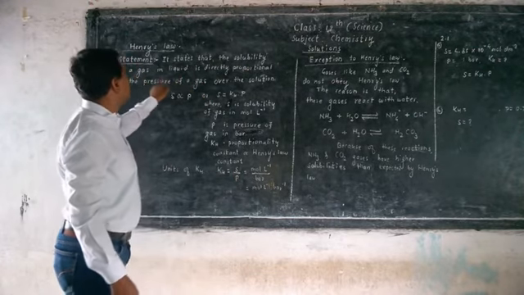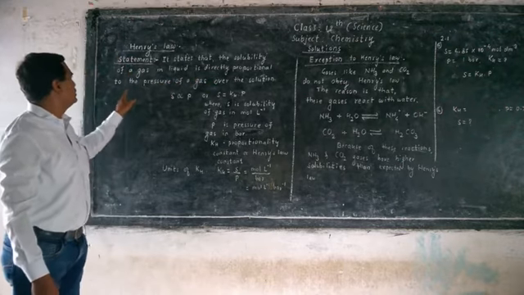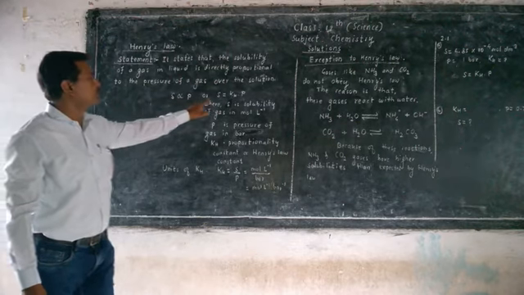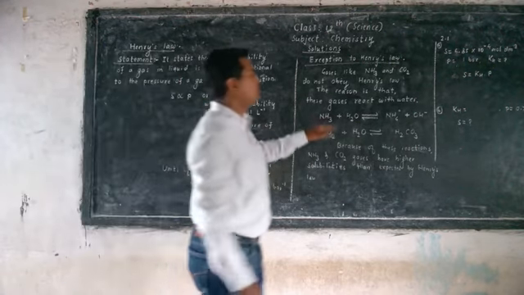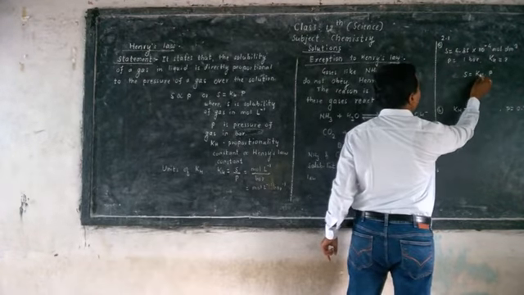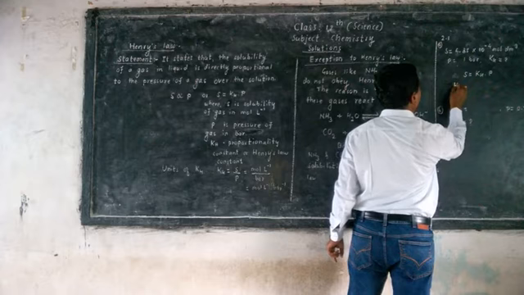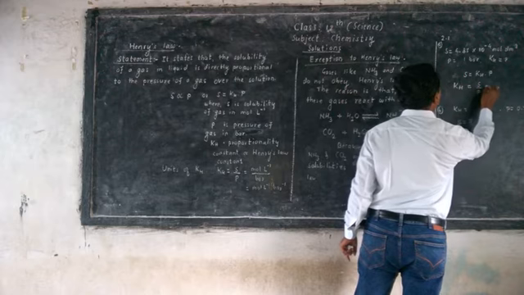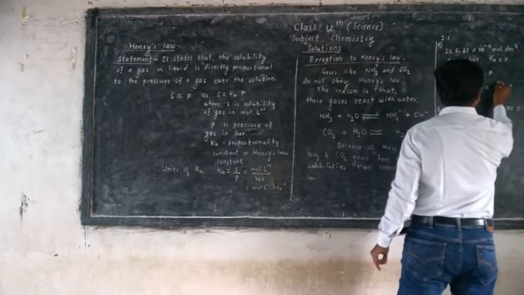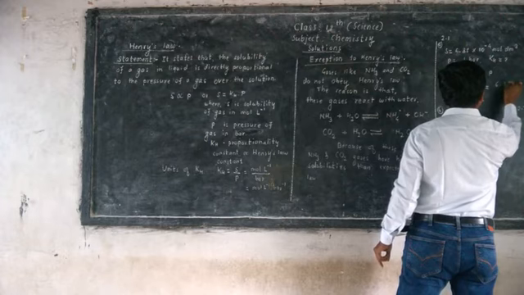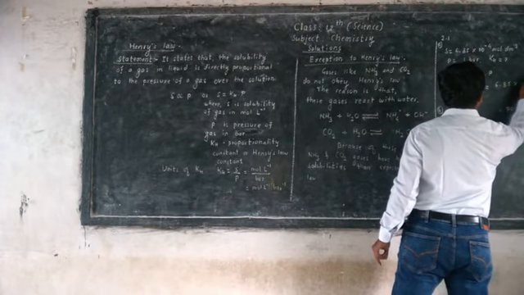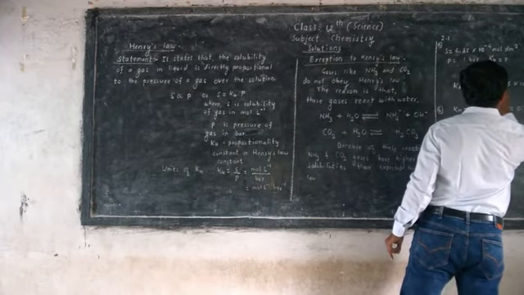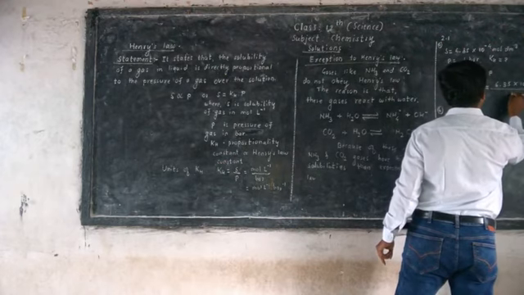The solubility of a gas in liquid is directly proportional to the pressure of a gas over the solution. S is directly proportional to P, so S equals Kh into P. So Kh equals S upon P. Solubility is 6.85 into 10 raised to power minus 4 mole per decimeter cube, and pressure is 1 bar.